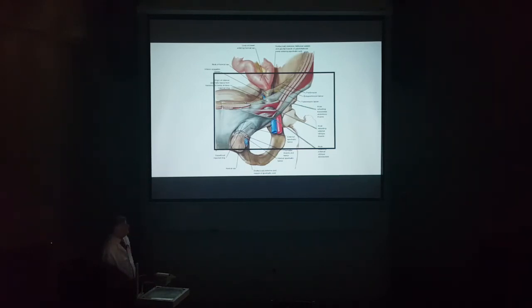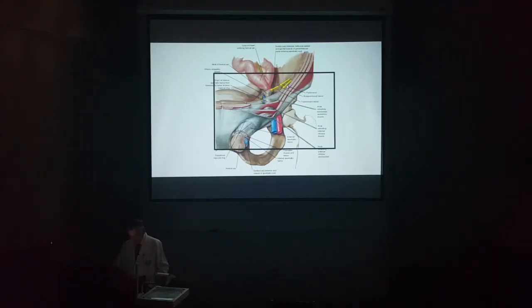Now let's analyze this image. Do you know what structure this is? This is the peritoneum, the serous membrane lining the whole of the abdomen. This is the small intestine. And this is what?